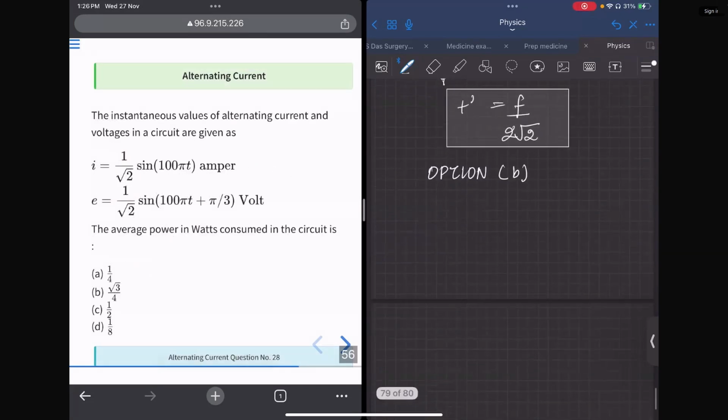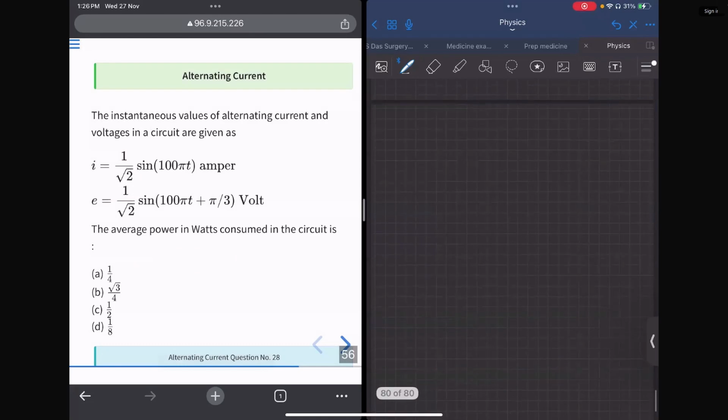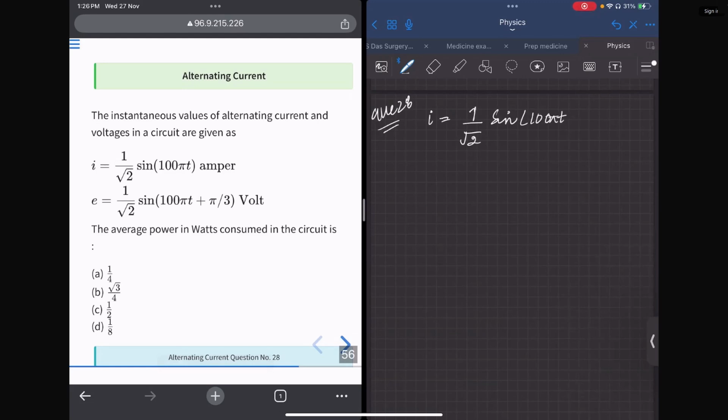Moving on to the next one, we have question number 28. We have the current I equal to 1 by root 2 sine 100 pi t, and E, which is the voltage, is 1 by root 2 sine (100 pi t plus pi by 3) volt.